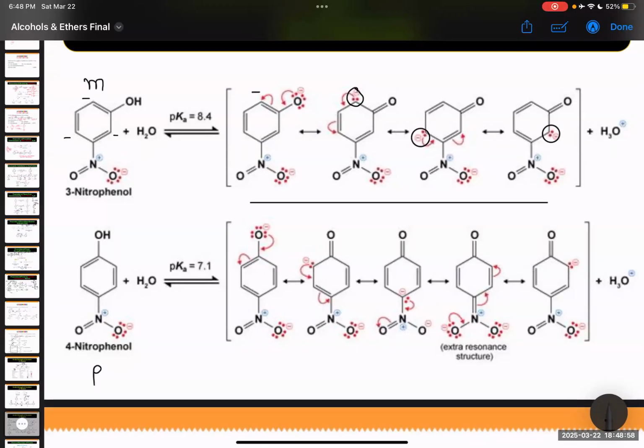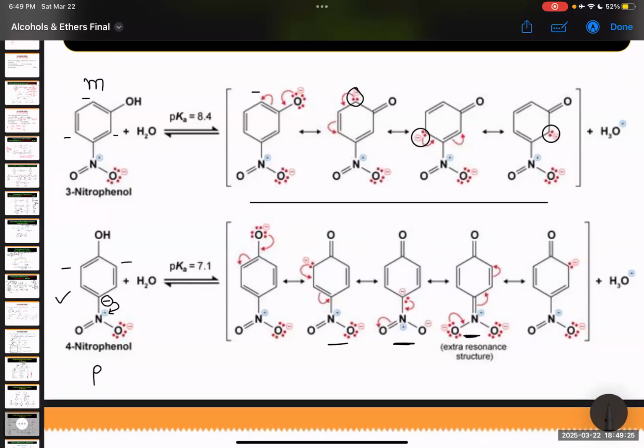But in the lower case, para-nitrophenol, the negative charge is actually coming on ortho and para positions, and at para position you have NO2, so it can spread further on NO2 also. Look, I'm talking about this structure in which the negative charge is coming on NO2. So it is becoming more stable by doing more resonance with the NO2 group.